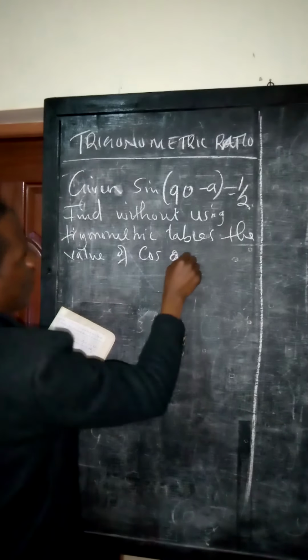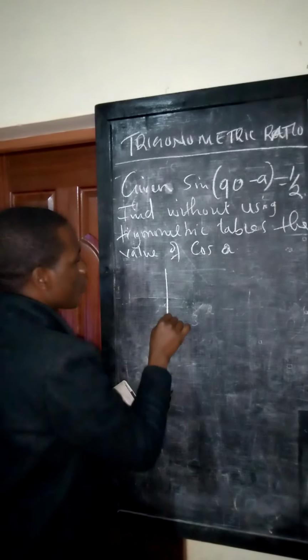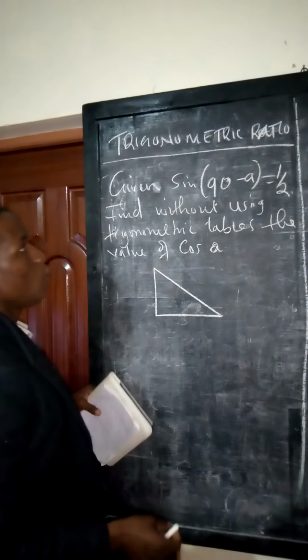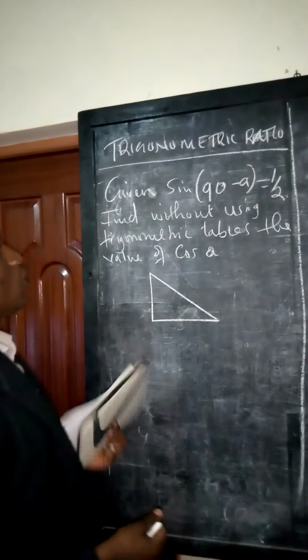This one we shall be required to use trigonometric triangles. We shall use a right angle triangle, and in this case, this is an angle at 90 degrees.